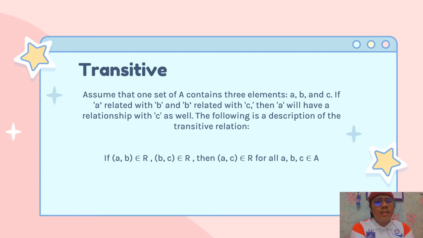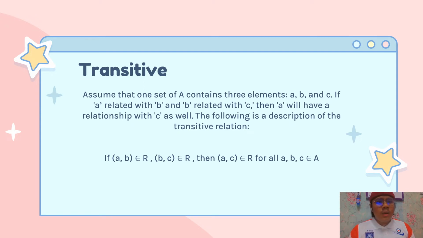Transitive: assume that a set A contains three elements A, B, and C. If A is related with B and B is related with C, then A will have a relationship with C also. From that, we can conclude that the relation is transitive.